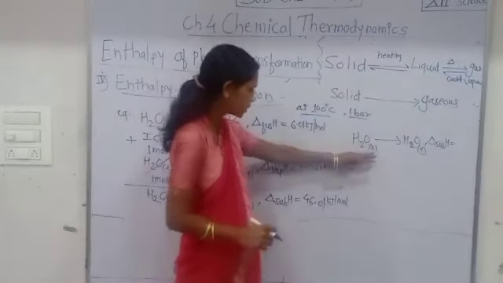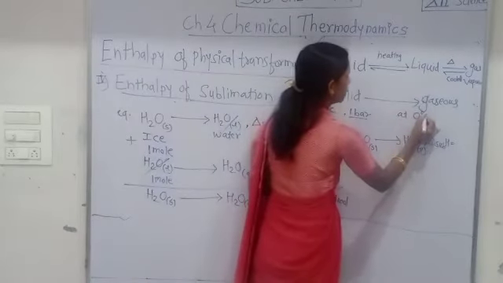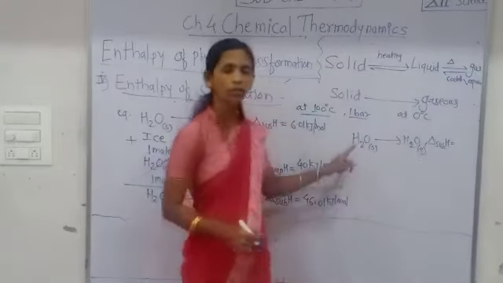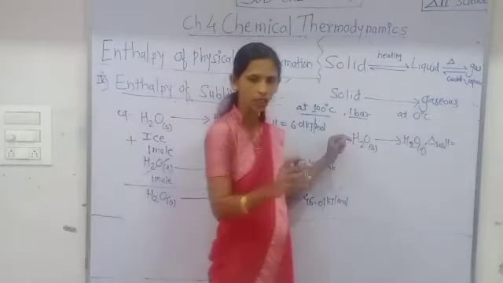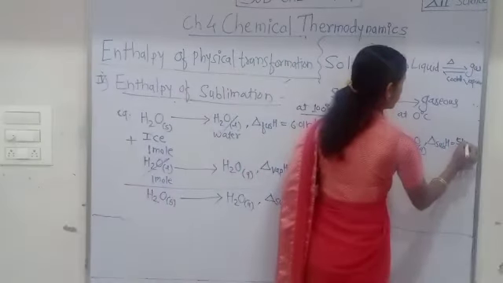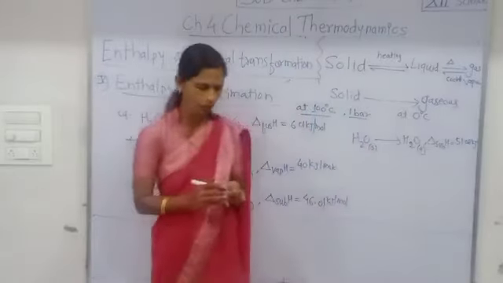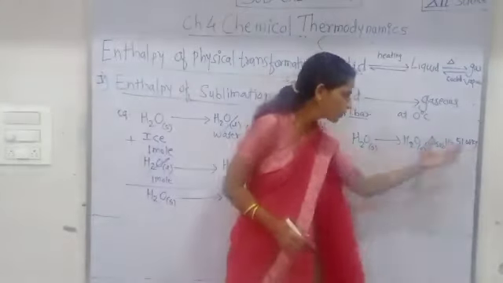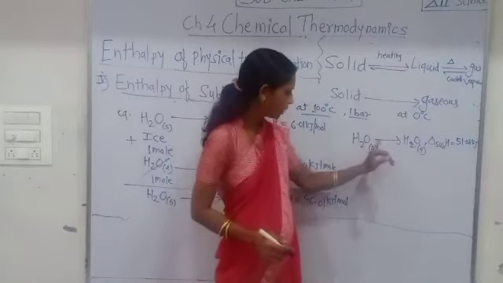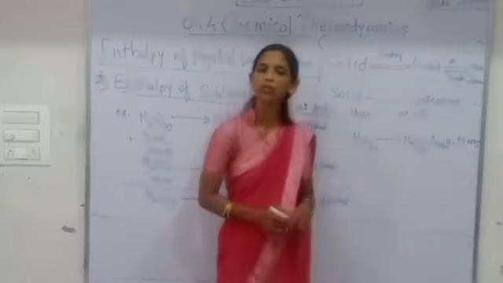If this process is carried out at 0 degree Celsius, then the enthalpy of sublimation of water is about 51.08 kilojoule per mole. That means that much amount of heat energy is absorbed by 1 mole of ice to convert it into gaseous vapors.